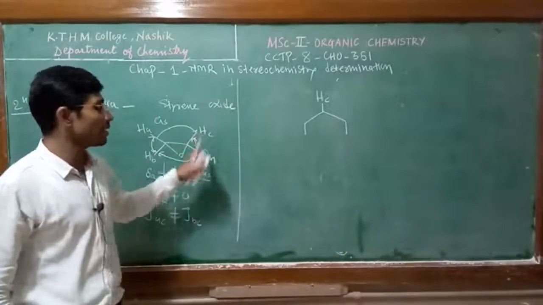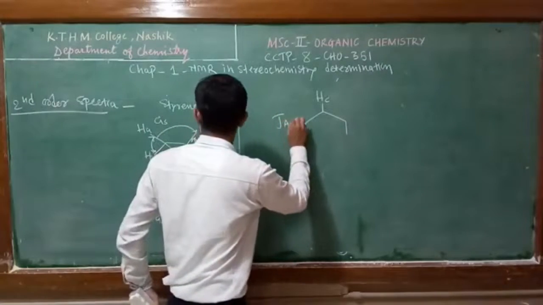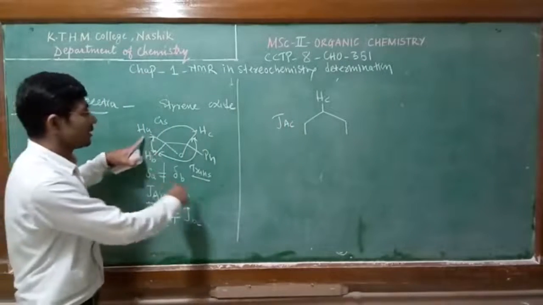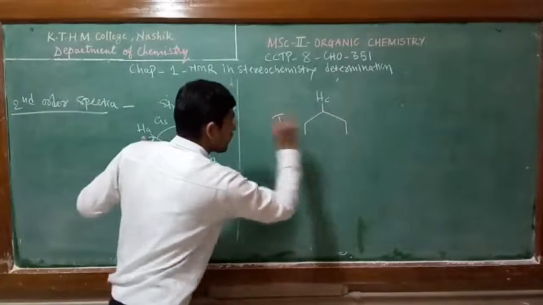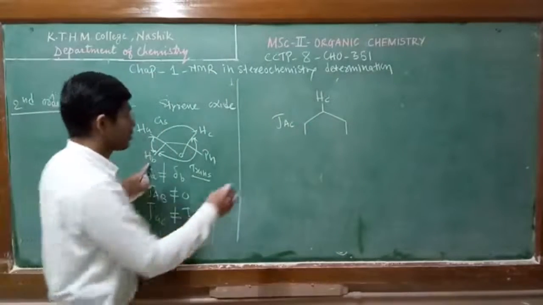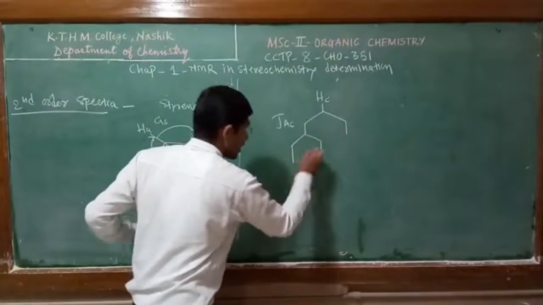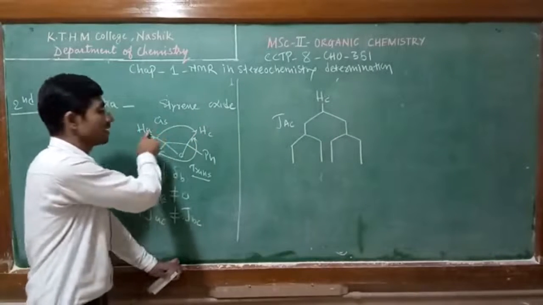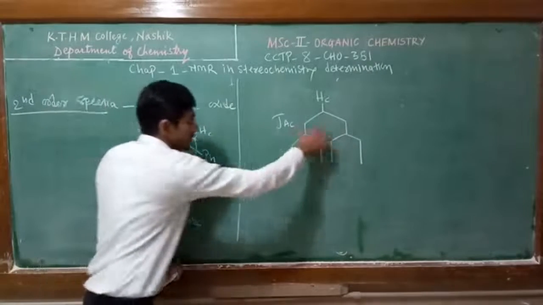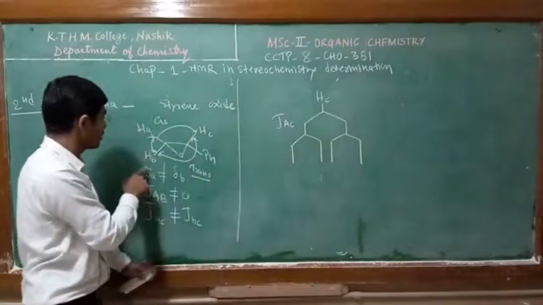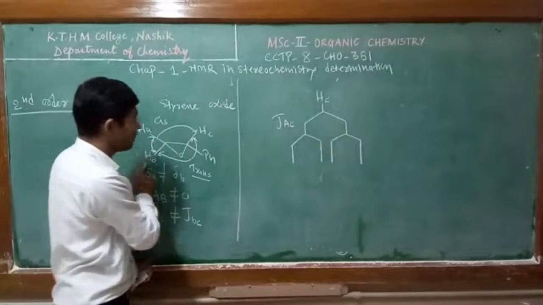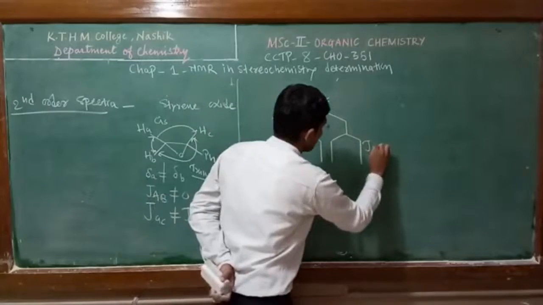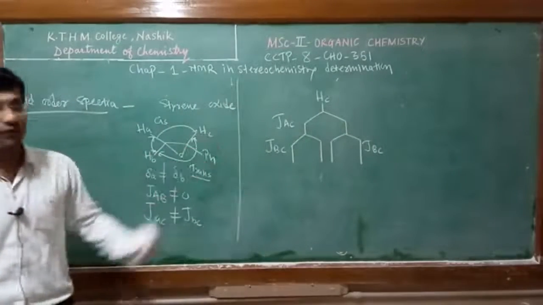Suppose we take the Hc proton. The Hc proton in this compound firstly couples with the Ha proton, and because of that we get a doublet here. So we observe the coupling JAC. Again, each doublet is further split into a doublet by the proton B. So we observe JBC. Because of JBC we observe these 4 peaks.